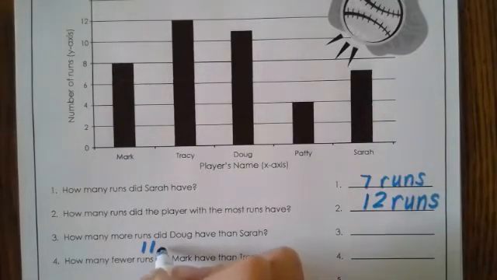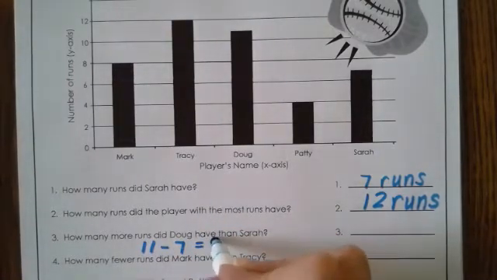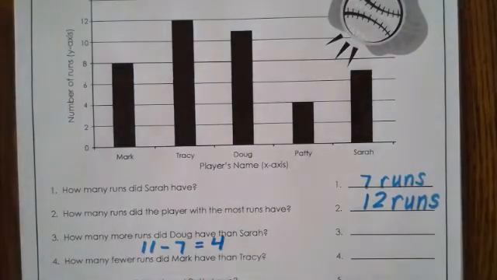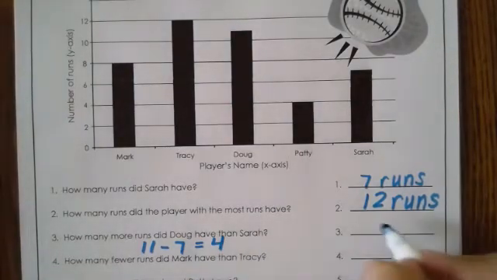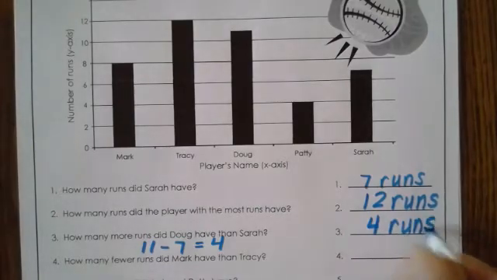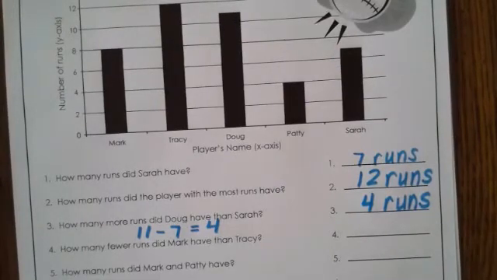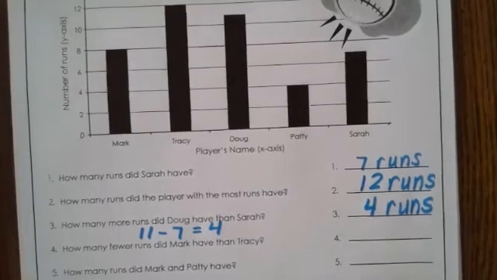Our bigger number comes first, 11 minus 7 equals 4. How many more runs did Doug have than Sarah? 4 more runs.